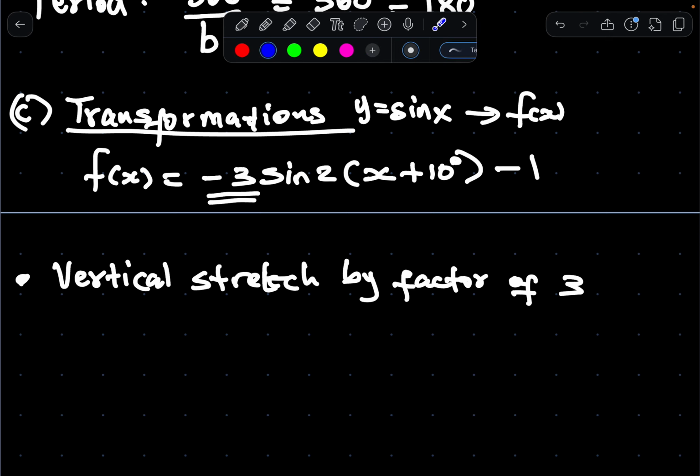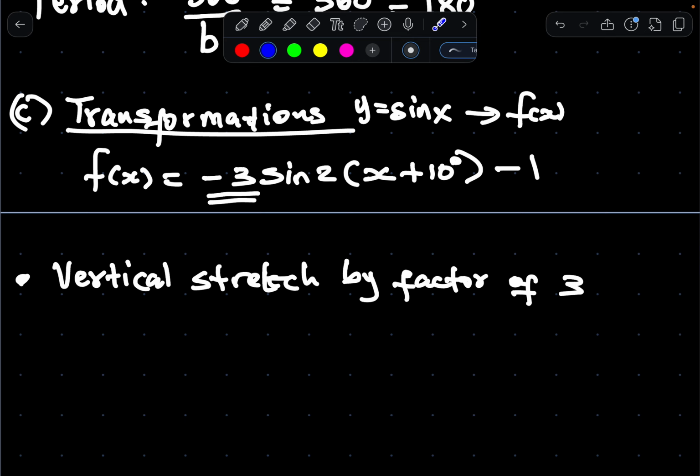If that number is 0 point something, then it's compression. But if it's not 0 point something, then it's stretch, because we're getting bigger. We multiplied by a bigger number, so we are stretching. But if it's 0 point something, we multiplied by a smaller number, so we are compressing vertically.